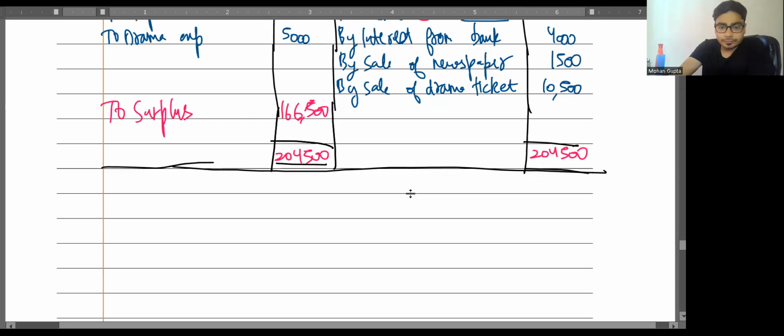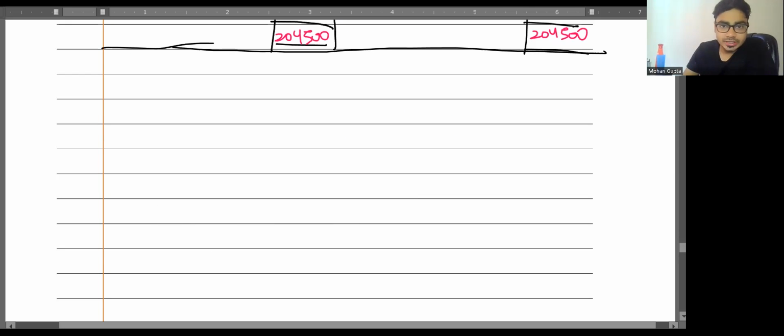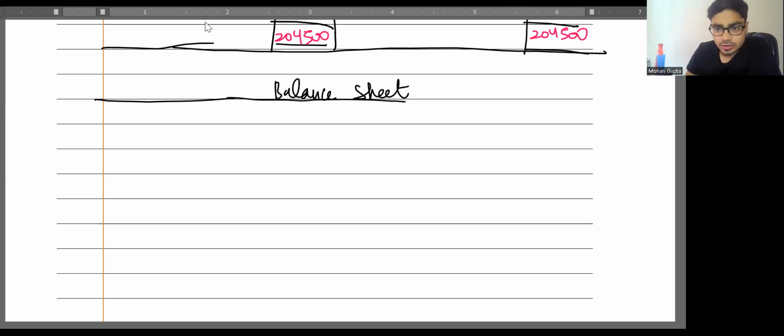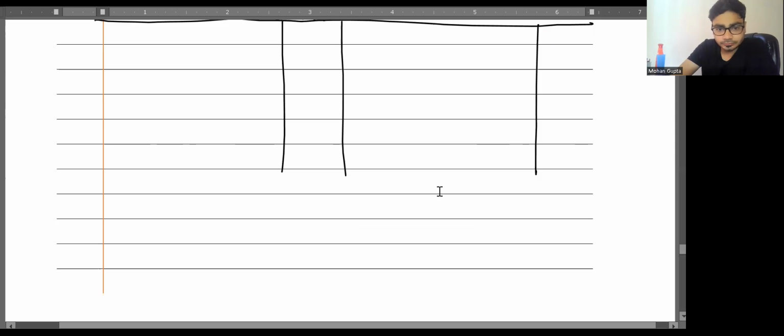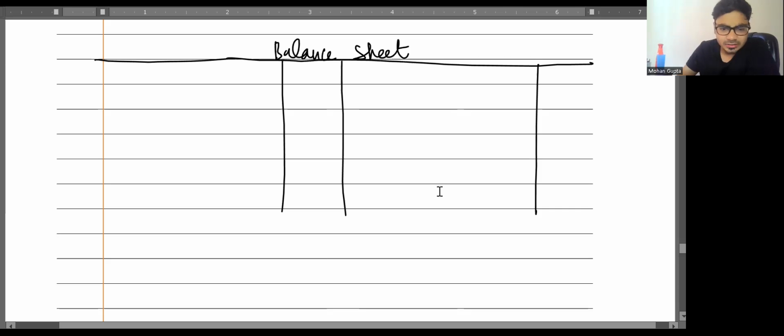Now, we need to prepare the balance sheet as well. So let us quickly do that. Let's hope the balance sheet part does not come in the exam. If it comes, it is not that tricky, but you need some practice for that.